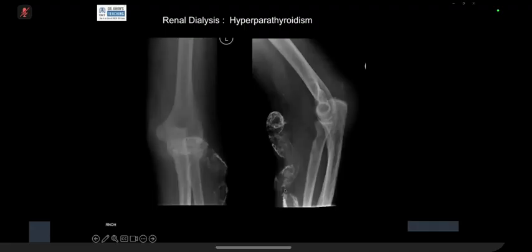Is this the same case? No, it's a different case. If you see here, this is a totally different case. There was a fistula here, which is no more being used, but you can see that at the olecranon there is resorption here, and this is because of the triceps insertion here. This thing was visible on our case.